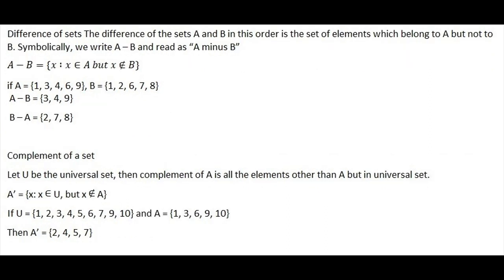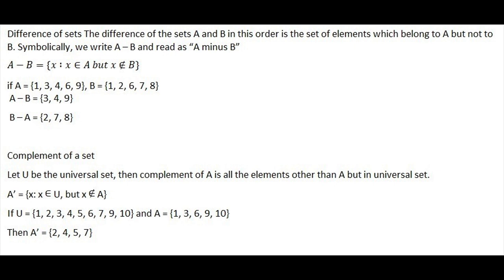Now we shall see the difference between 2 sets. A minus B and B minus A are different. If it is A minus B, whatever there is in B has to be removed from A. Simply, whatever B likes, A doesn't like.